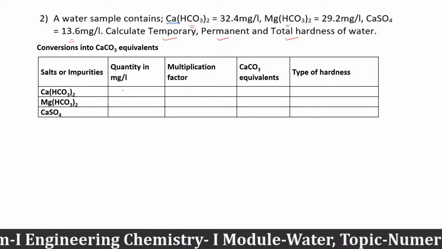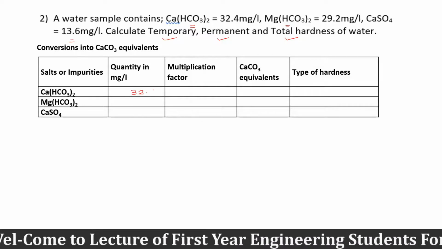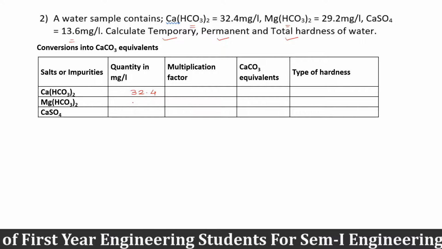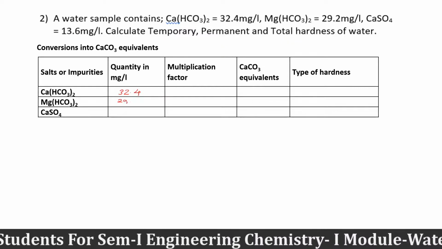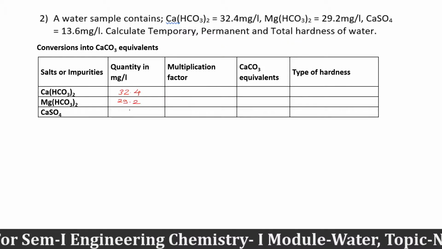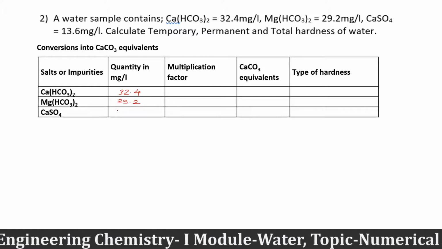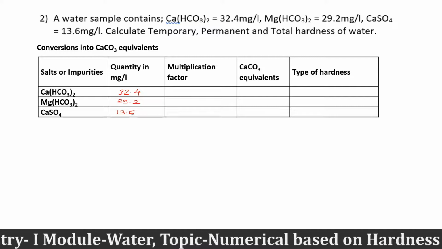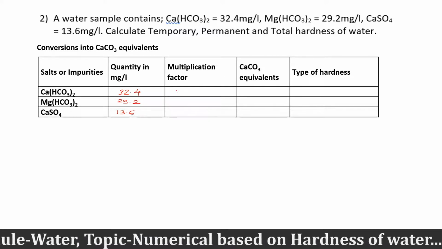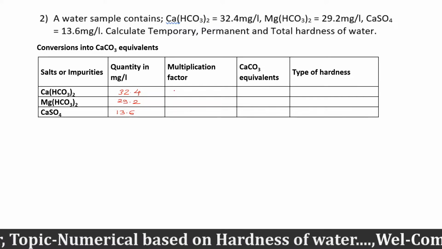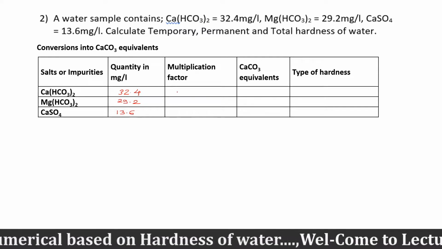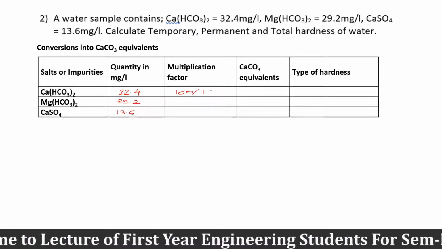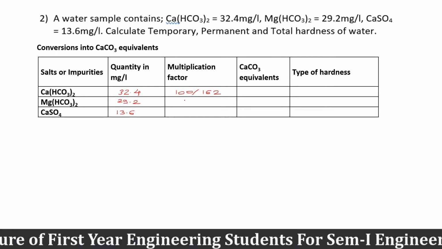Calcium bicarbonate value is given 32.4. The next, magnesium bicarbonate, second 29.2 milligrams per liter, and 13.6 milligrams per liter. Then their multiplication factor. For calcium bicarbonate, multiplication factor is 100 upon 162.